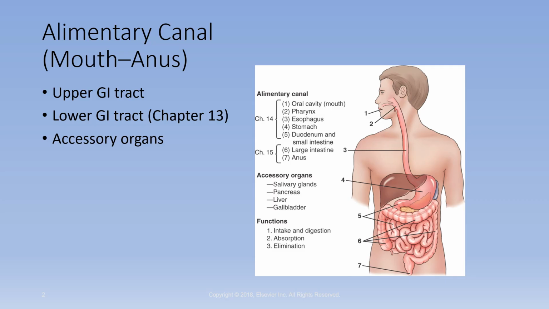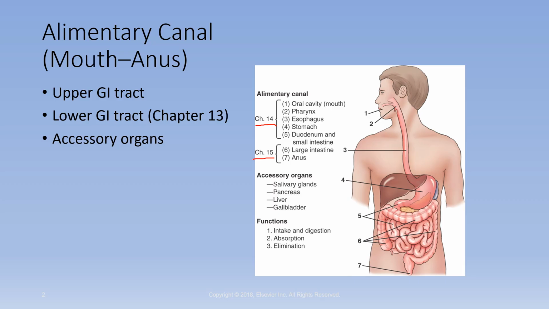And this is a picture of the entire alimentary canal, which extends from the mouth to the anus. Now, if you notice in this, it's super frustrating at times, but do you see here where it says chapter 14 and chapter 15 in this picture? If you look in the book, it says chapter 12 and chapter 13. So the book is correct.